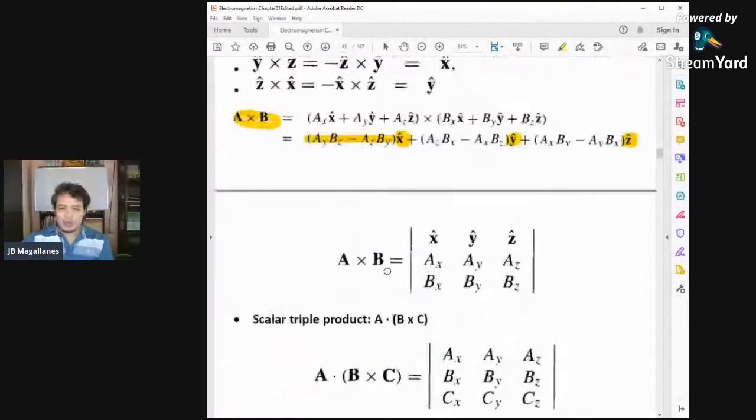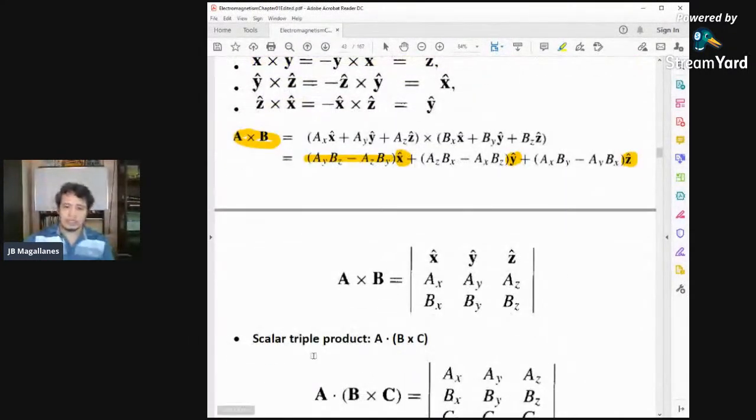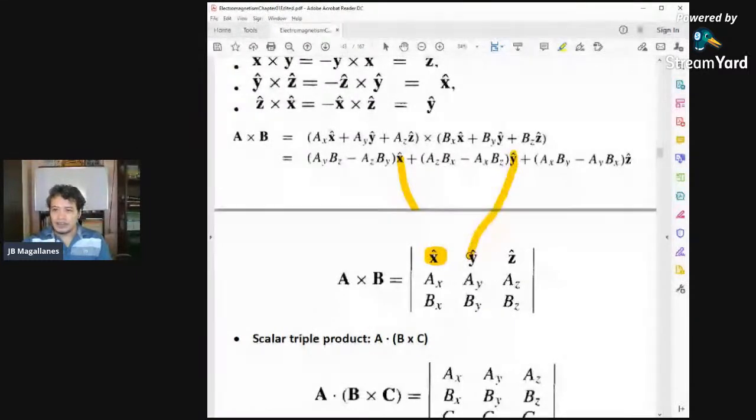So A cross B can actually be written in determinant form. So this is your A cross B. If you get the determinant of this, you write this first, like this one here. This one will be here. This one. And this Y will be here, and this Z will be here.